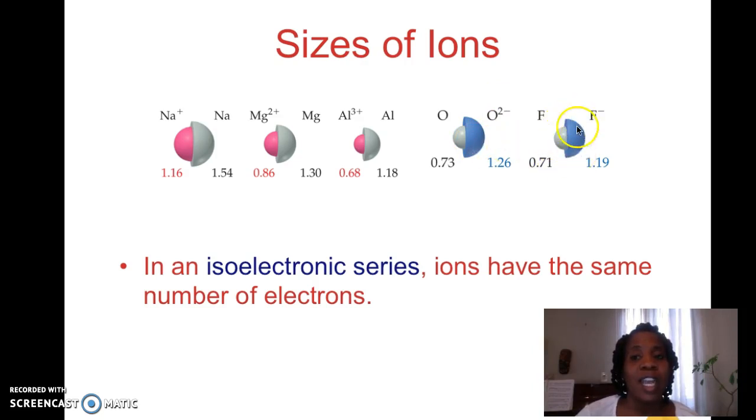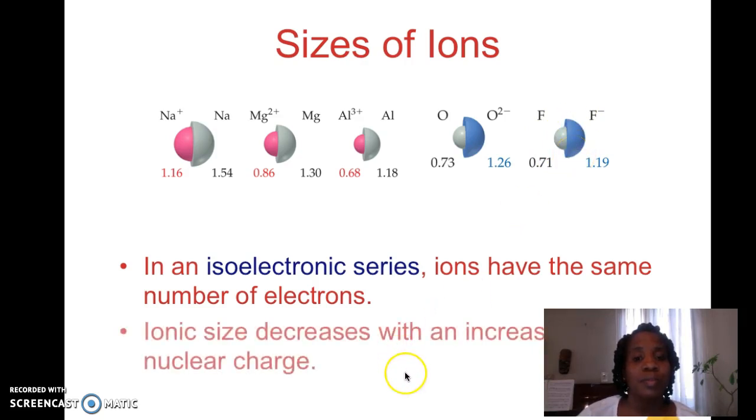Fluorine, 9 protons and 10 electrons. So the size of the ion is going to decrease with an increasing nuclear charge. So the oxide would be the largest ion, then fluoride, then sodium, then magnesium, then aluminum.